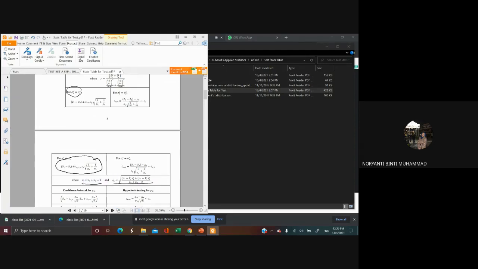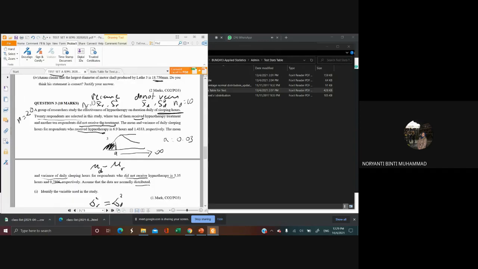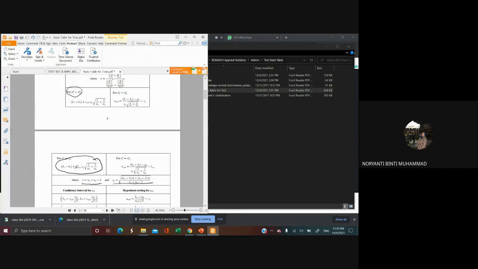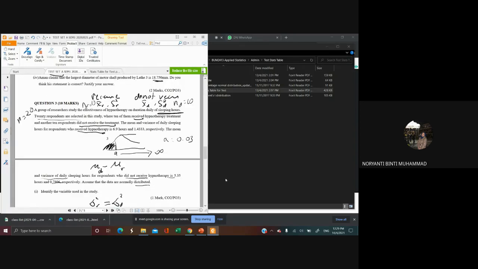Okay, so that's the formula, but this is not one tail, this is two tail. So when it is one tail, it becomes, what is it? Here, the left side. So when it's the left side, you will take the minus side only. Okay, I'll show you.